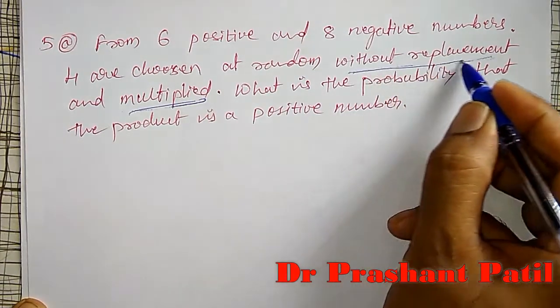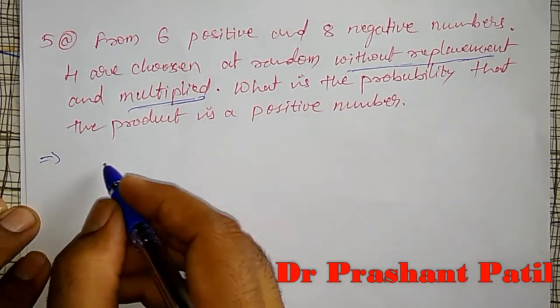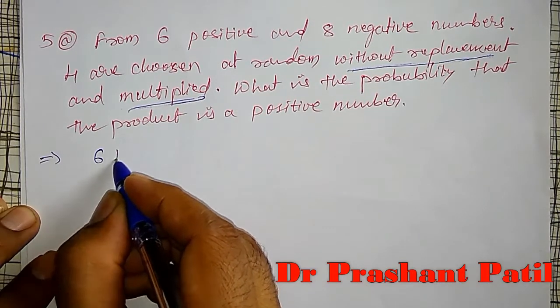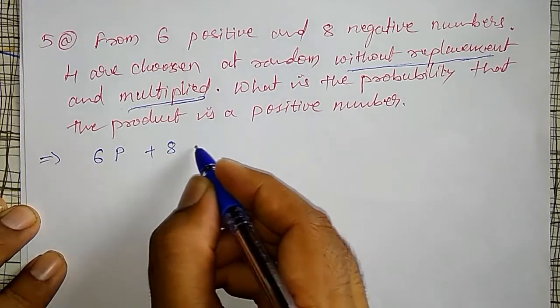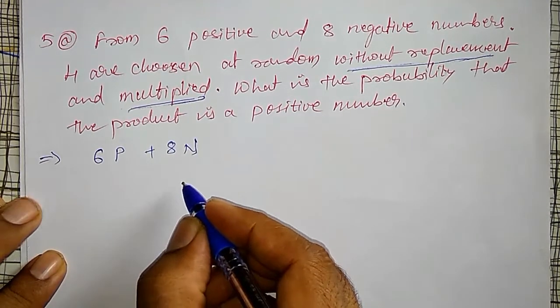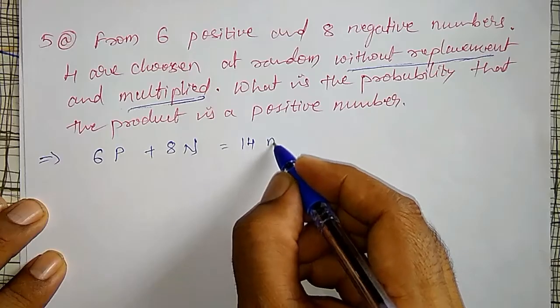Let me first take what is my sample space here. 6 positive numbers and 8 negative numbers are here. Therefore, total 14 numbers are there.